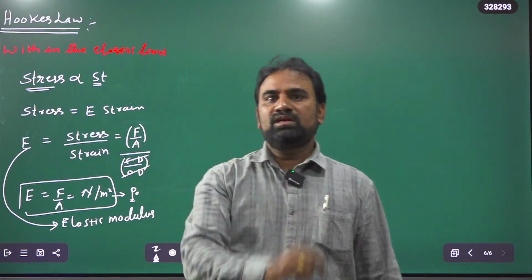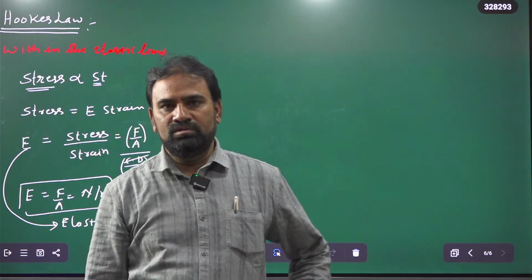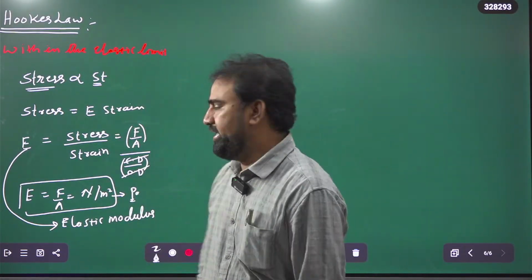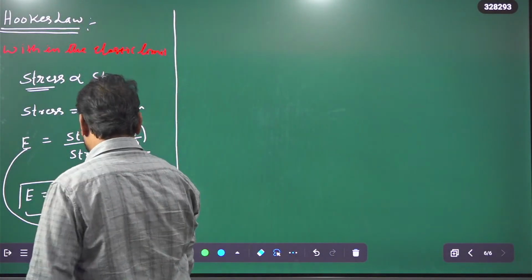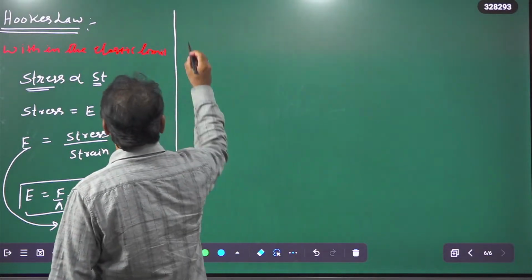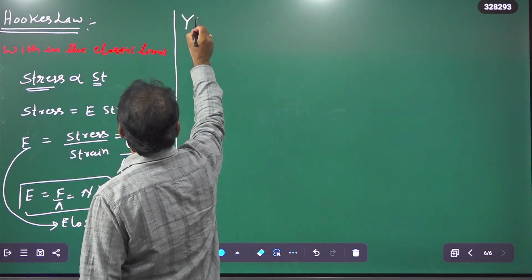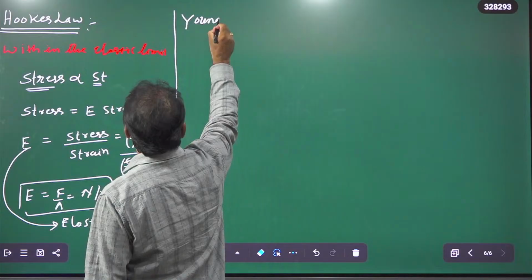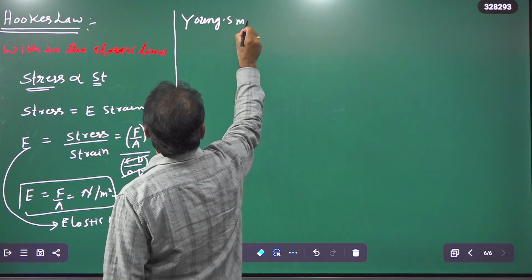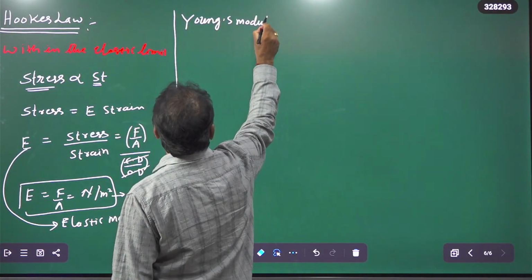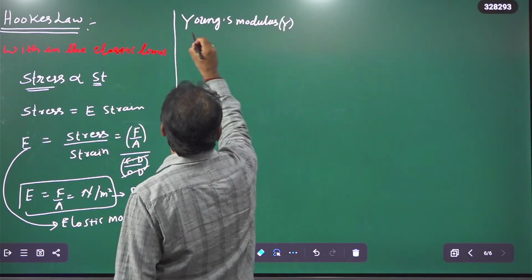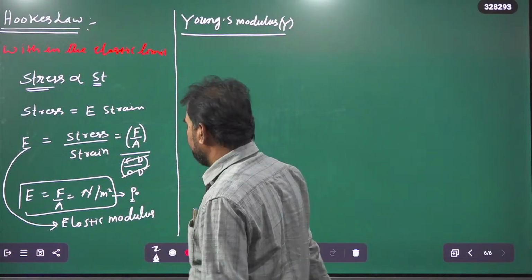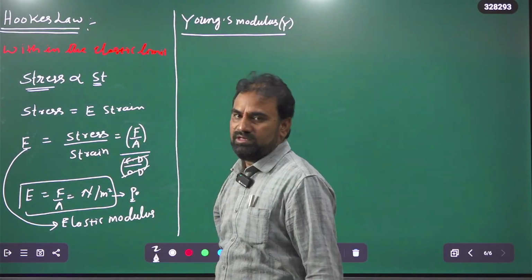This elastic modulus is again divided into how many types? 3 types. The first one is Young's modulus, denoted by Y. What is Young's modulus? Y is stress upon strain.